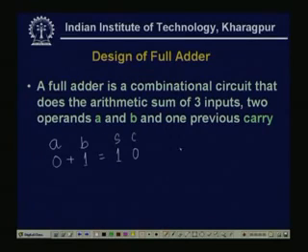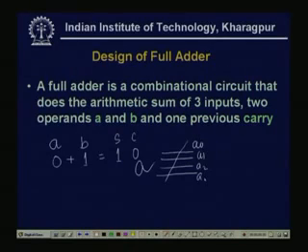Now, this is simple 2 input, or we can take single bit adder. Now, say I am adding A, but this A has 4 bits. This is my A, say A0, A1, A2, A3.